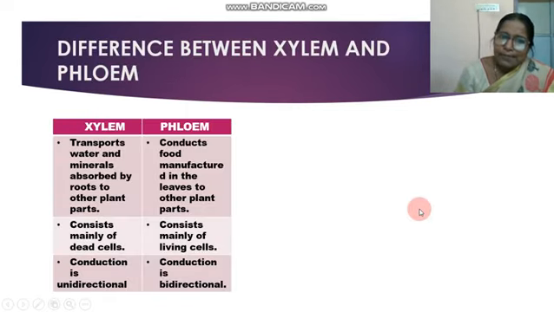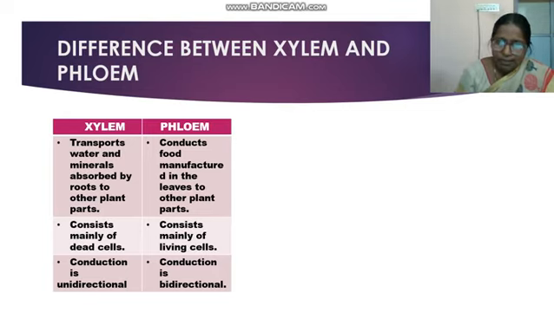Now let us see the difference between xylem and phloem. Xylem transports water and minerals from the root to the leaf for photosynthesis, whereas phloem conducts food manufactured in the leaves to different parts of the plant, including the roots.